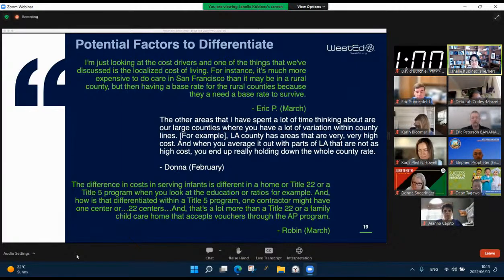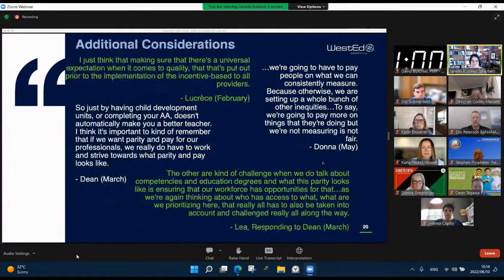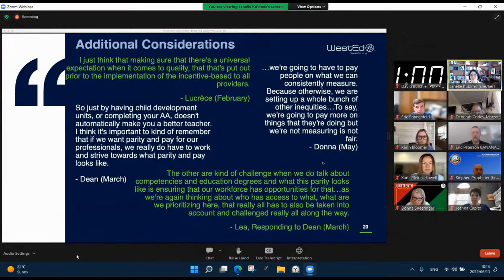So that's going to be, I think a lot of parts of our conversation will be, how do we approach those areas where we may want to see some differences emerge, and how do we recognize those in a way that is clear to what we need to acknowledge through what's different, but also not making it overly complicated so that we're making this a harder system to navigate. And then lots of additional considerations.